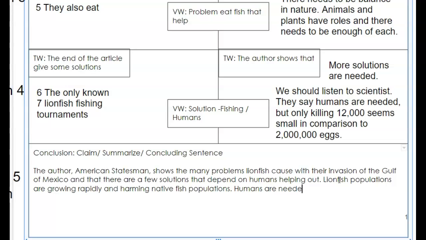Humans are needed to fish and kill the lionfish so it doesn't get too far out of control.